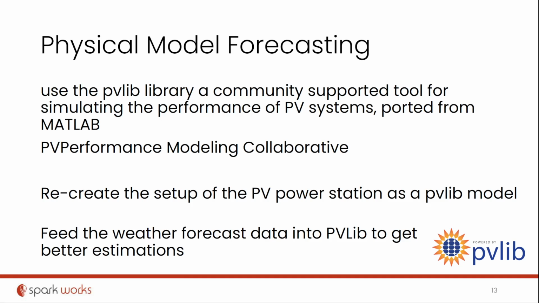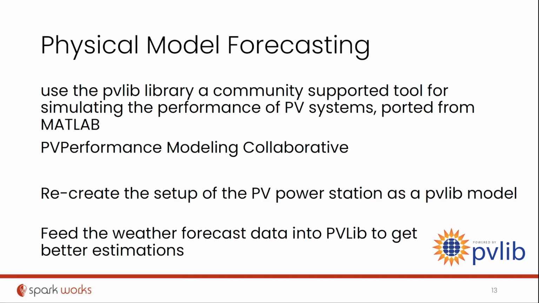So based on the fact that we have a quite good weather forecast that we can use, we now use a physical model in order to forecast the energy production of the site. In fact, we use the PVLib library, a community-supported tool for simulating the performance of photovoltaic systems.